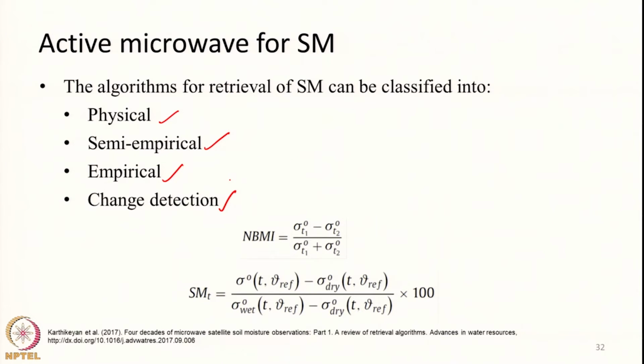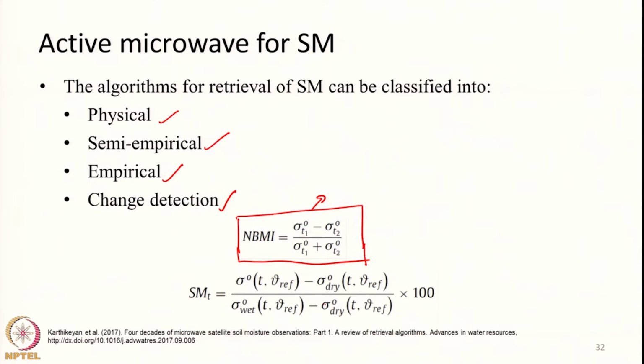So, how do the change reduction methods work? A simple equation is given here. There are different ways in which it can be done. This is the normalized radar backscattering moisture index, which works based on the backscattering coefficients observed at times t1 and t2.